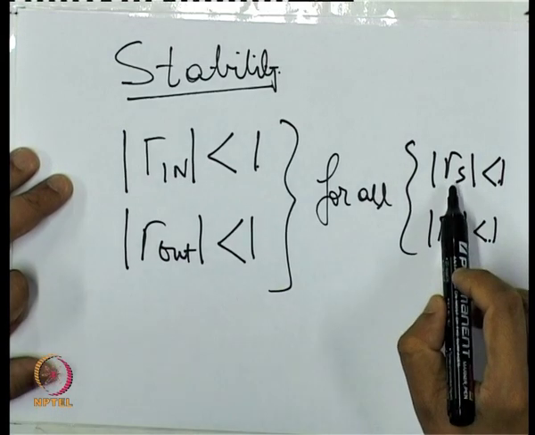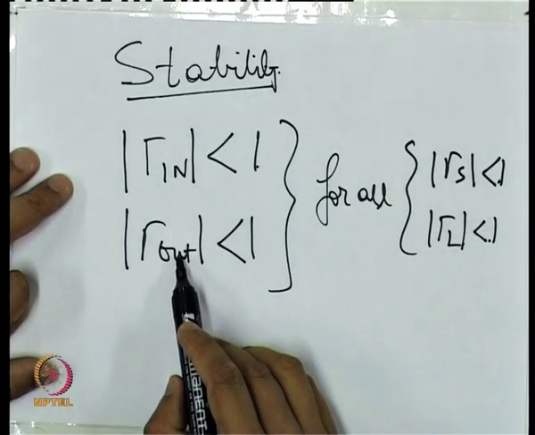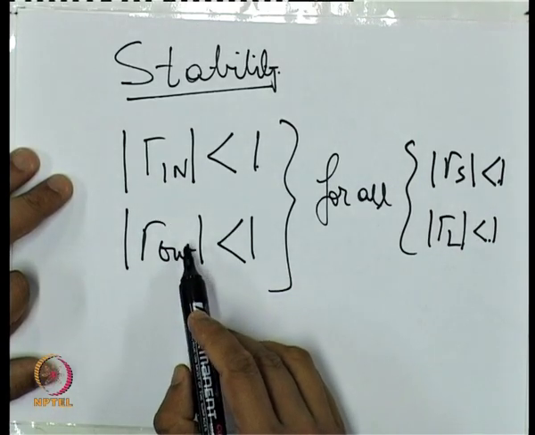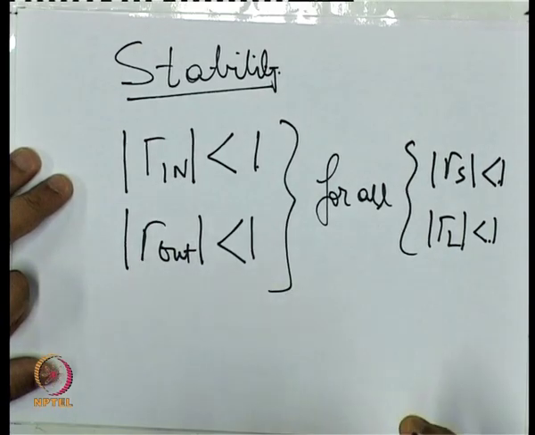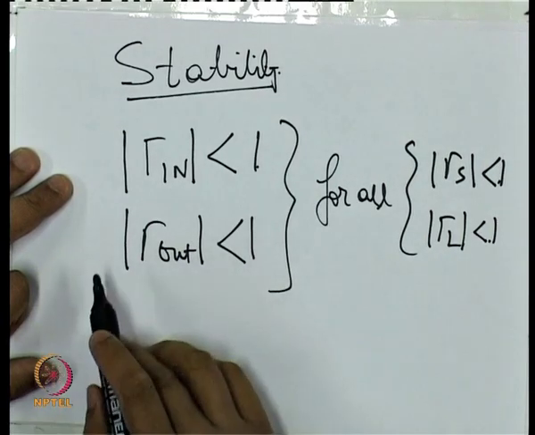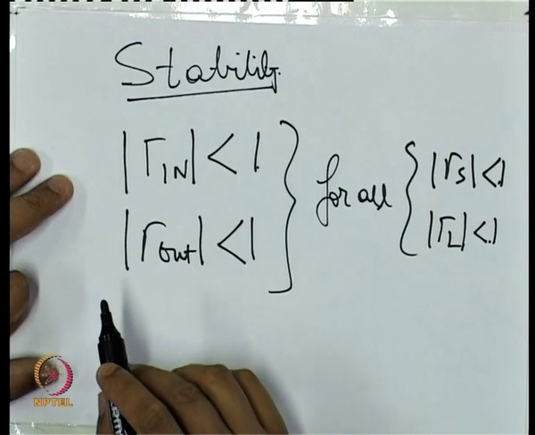If modulus of gamma in or gamma out is more than 1, then it is not stable. So this is the condition for unconditional stability.